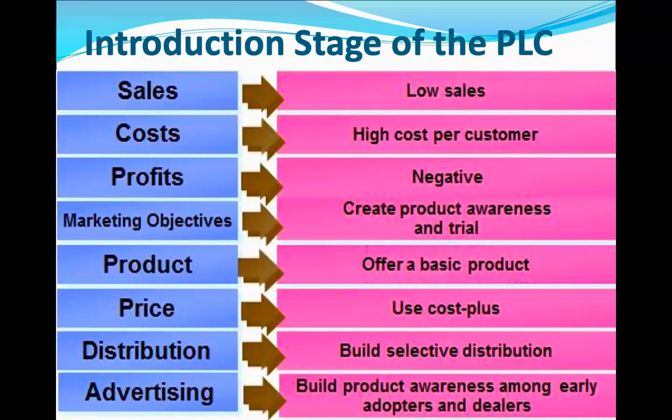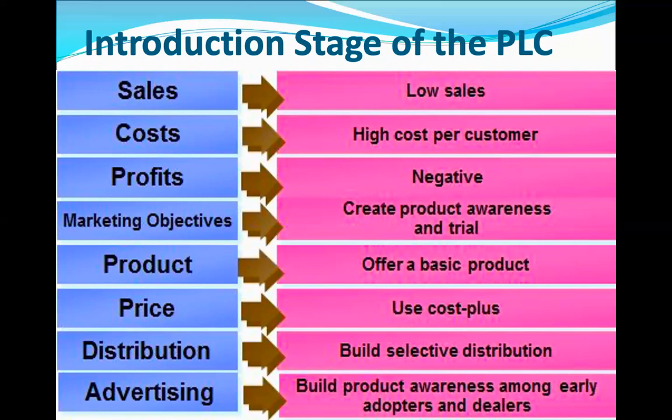So at the introduction stage of the PLC, the traits are considered under three broad categories: sales, costs, and profits. At the introduction stage, normally we have low sales, high cost per customer, and we tend to record negative profits. This is the stage where the product is not yet known, and therefore sales won't be that high.